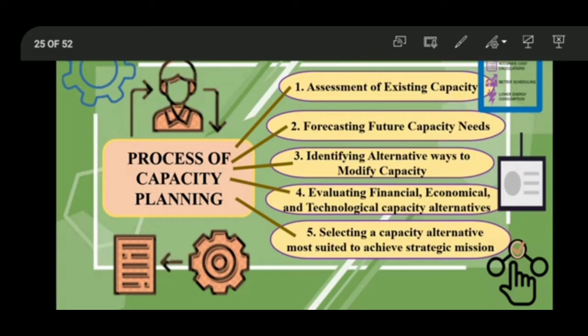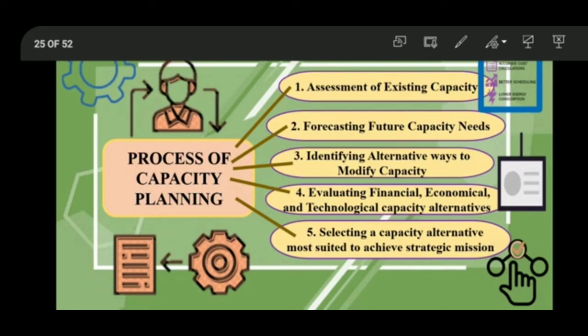Example, automobile plant, number of cars; iron and steel plant, tons of steel; cannery, tons of woods; power company, megawatts of electricity, etc. Service concerns like hospital, number of beds; airline, number of seats; restaurant, number of tables; university, number of students; warehouse, cubic feet of space, etc. Can measure capacity in terms of input.